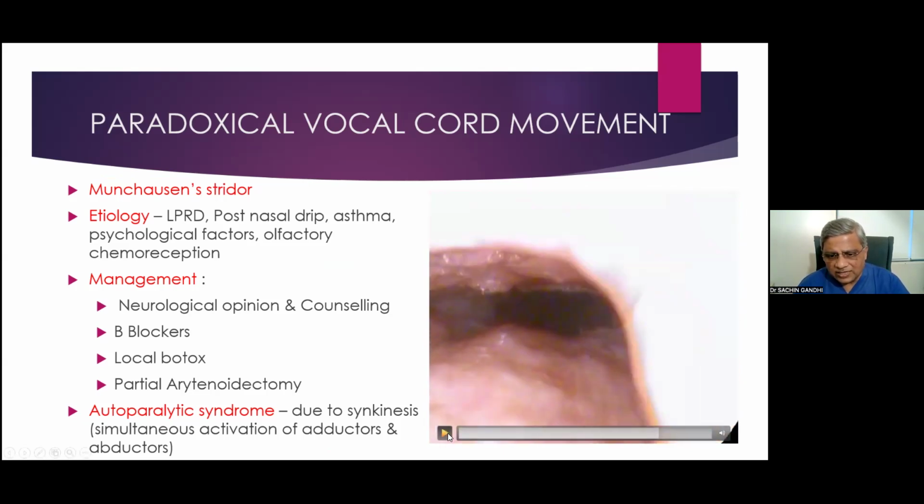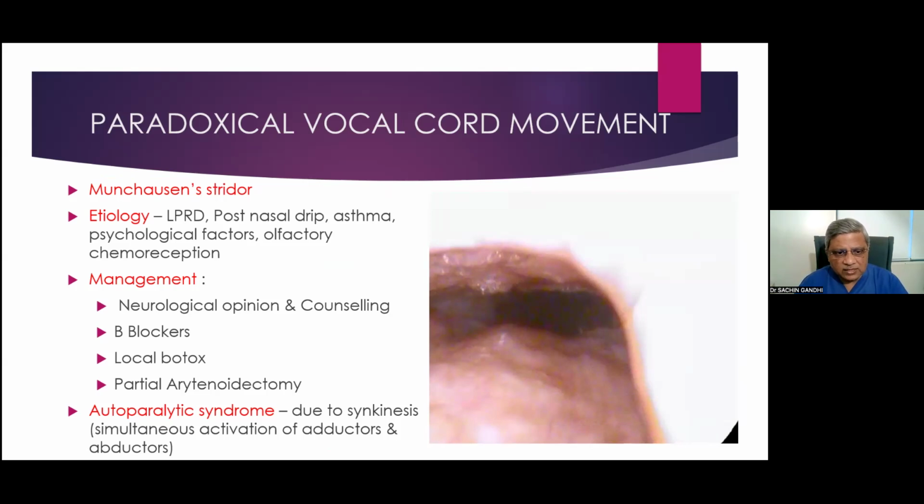So we have to check what kind of etiological factors and what could be the management plan for these kind of patients. So classically, you check the oxygen saturation, it is normal, and then the stridor is not there, which is continuous. And on scopy, you see sometimes it's opening up and sometimes closing.